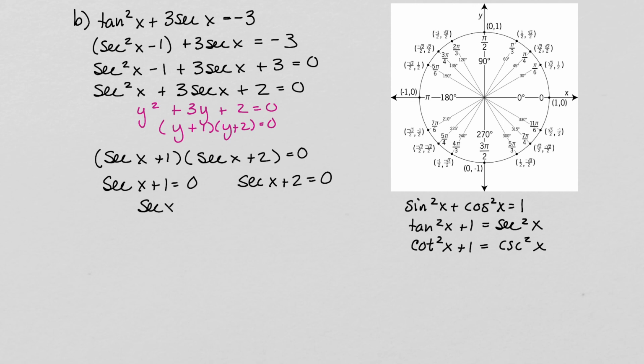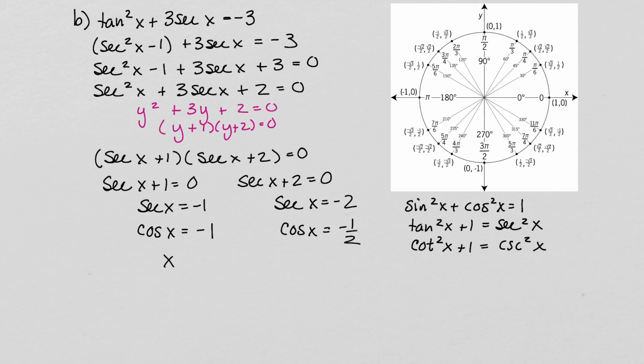So secant x is equal to negative 1, or the secant of x is equal to negative 2. And remember, secant is the flipping over of cosine. So this is the same as saying that cosine of x is equal to minus 1 over 1, which is still just minus 1, or cosine of x is equal to minus 1/2.